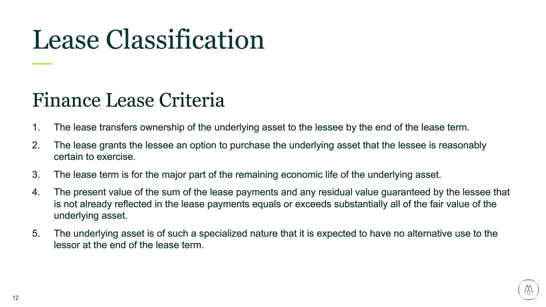Katie, one of the big differences between the old standard and the new standard is that in the old standard, they had percentages. If it was more than 75% of the economic life, or the present value of the minimum lease payments was more than 90% of the fair value of the asset, those bright-line tests have been removed in favor of a more, I'll call it, principles-based concept.